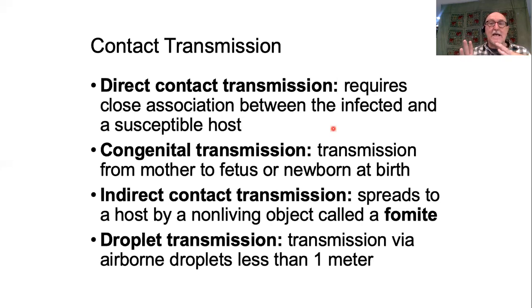Indirect contact transmission refers to the fact that some disease-causing agents will survive, for example, on a surface. Any inanimate object which can host an infectious agent is referred to as a fomite. So a fomite, for example, can be something like a table.